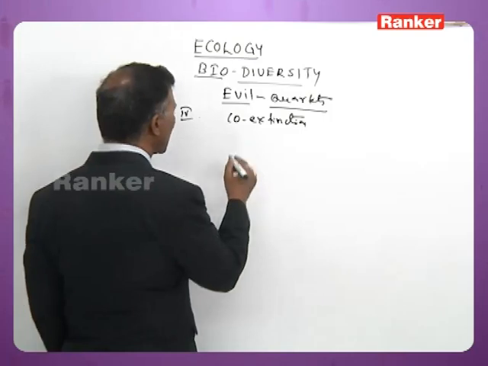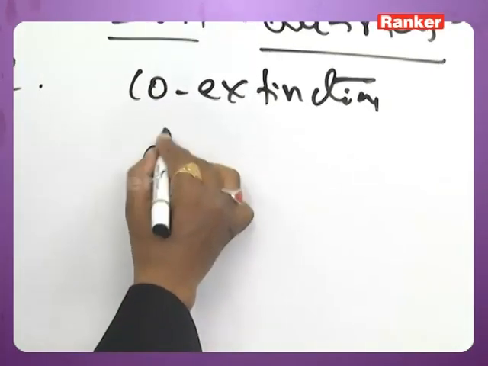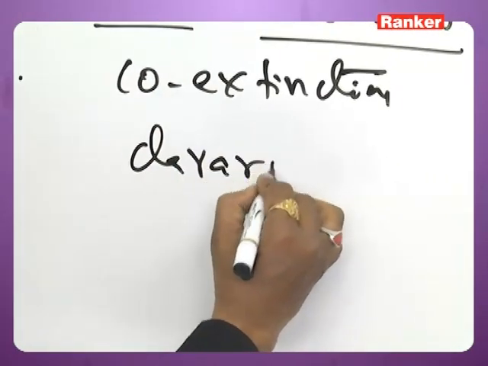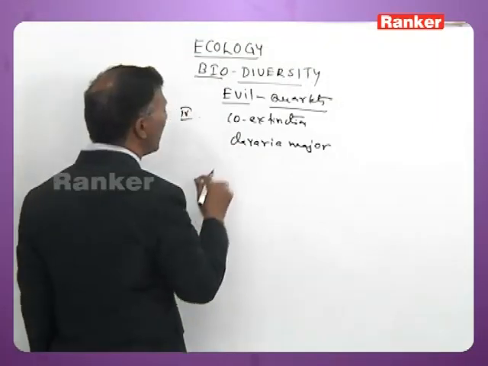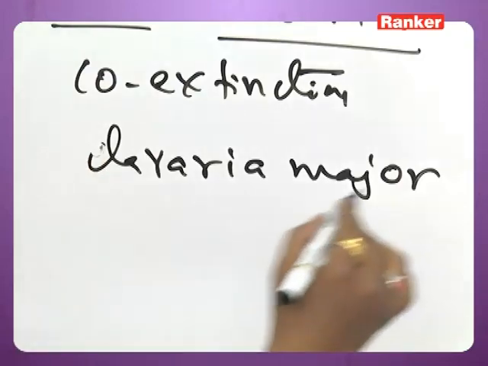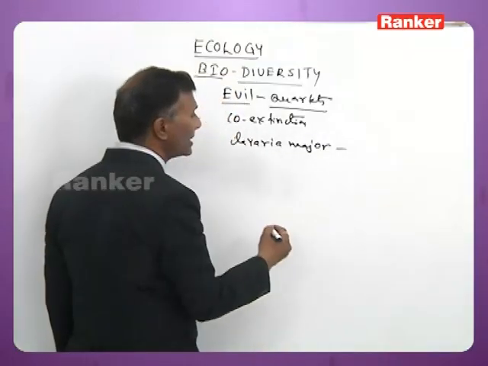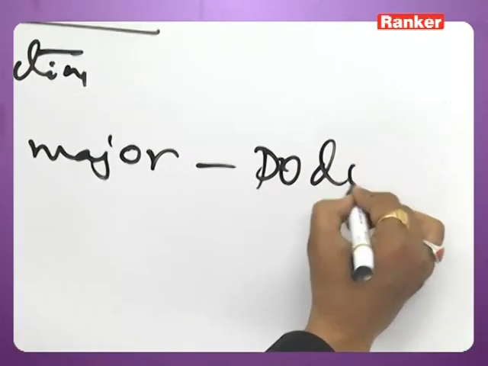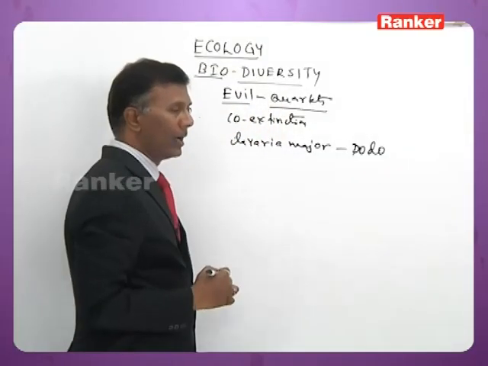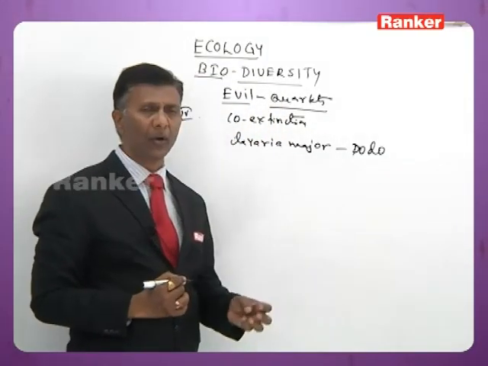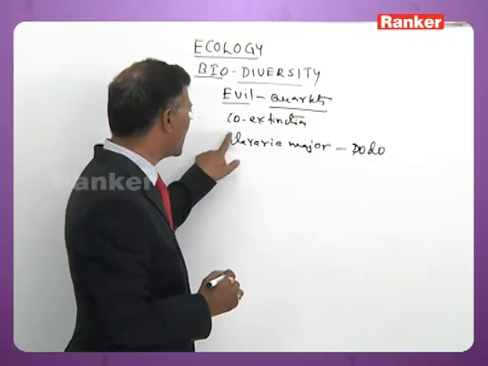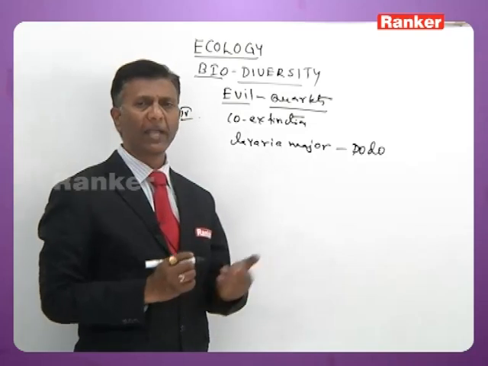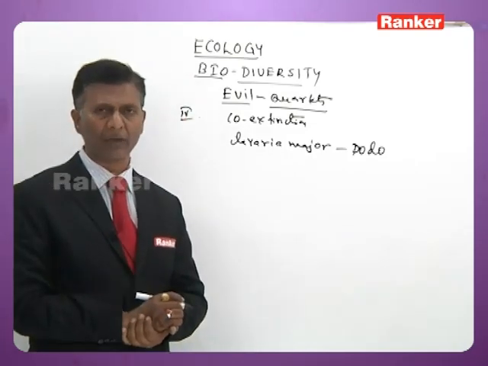The best example for co-extinction is Clavaria major, a plant in Mauritius. It became extinct when the dodo bird became extinct. When the dodo bird was alive, it would eat the seeds of the Clavaria major plant and thereby helped in germination of the seeds.